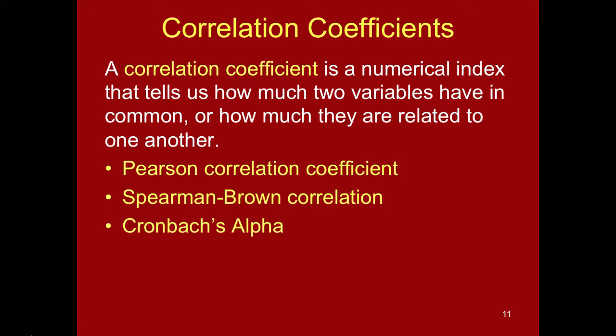Cronbach's alpha can also be used to determine internal consistency, and it is especially useful when looking at a test where there are no right or wrong answers, such as a personality test or a test measuring someone's self-efficacy in a particular course.